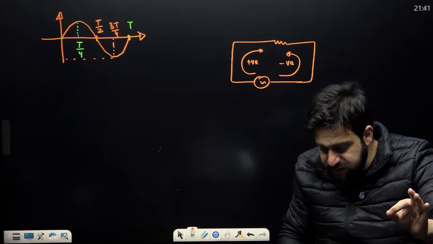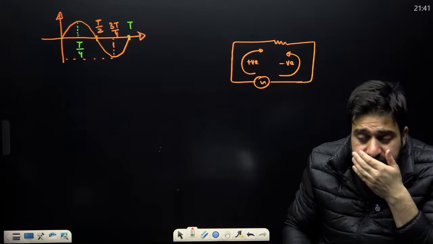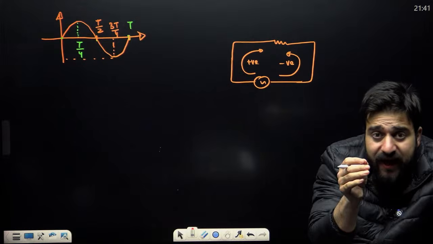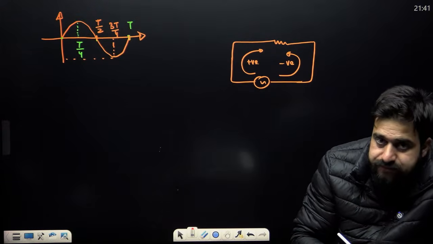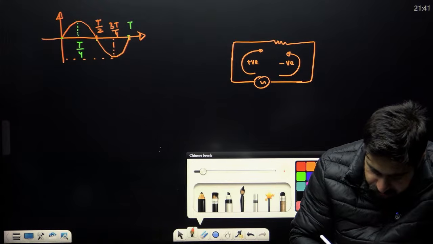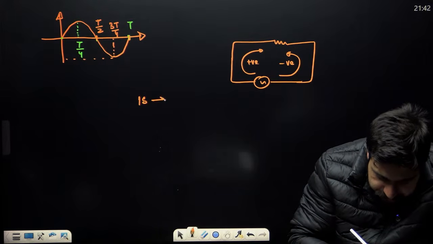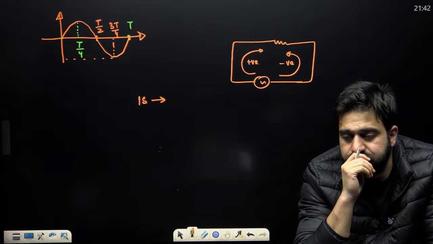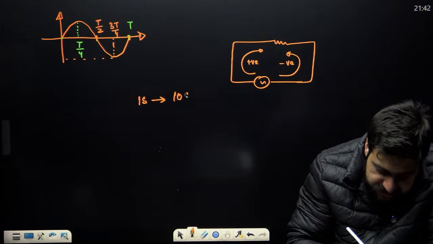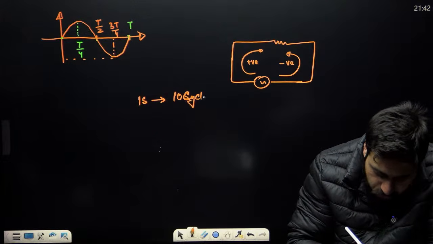Now, what does frequency mean? Frequency simply means the number of cycles per second. In 1 second, how many cycles will it complete? Like, sir, if I say in 1 second it completes 10 cycles, what does it mean?